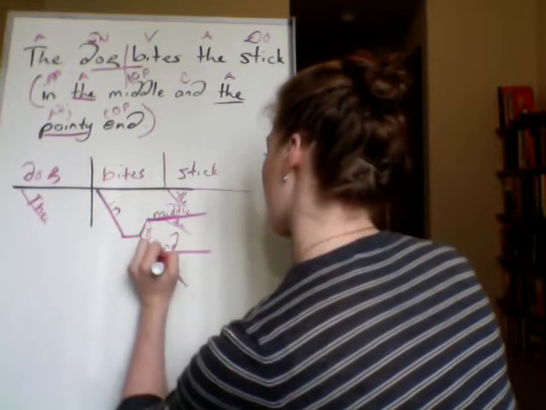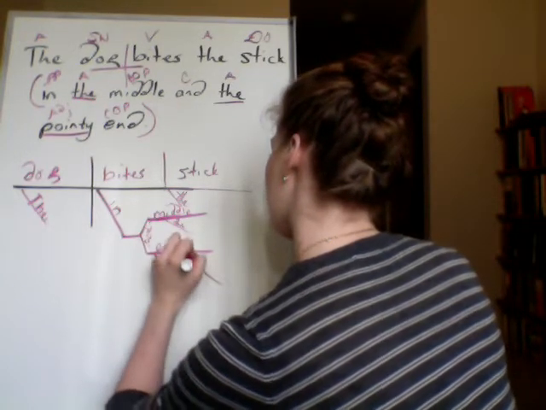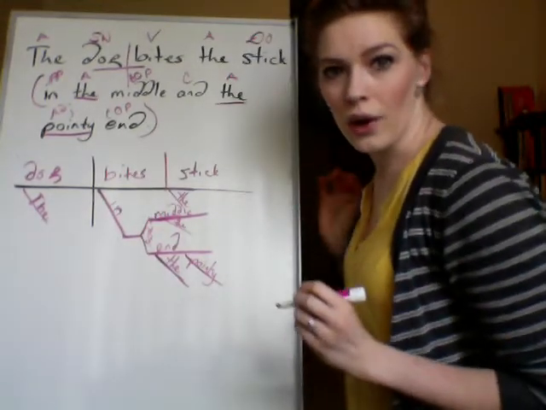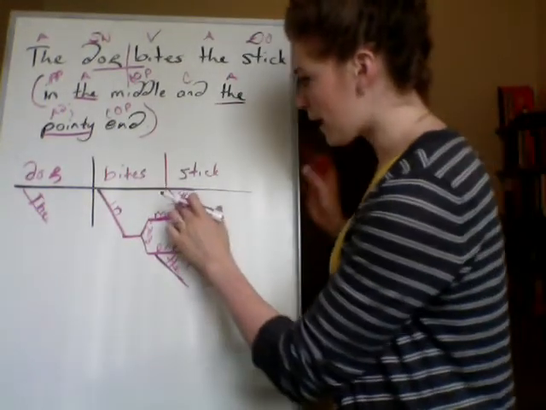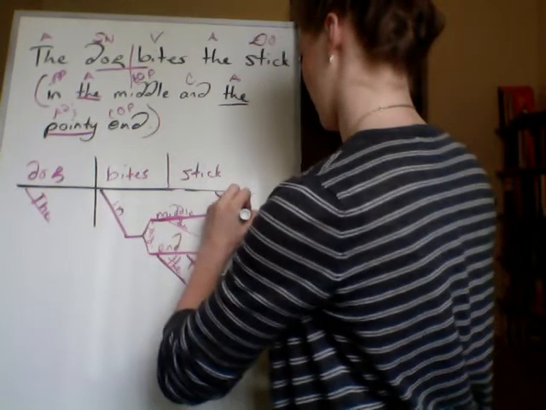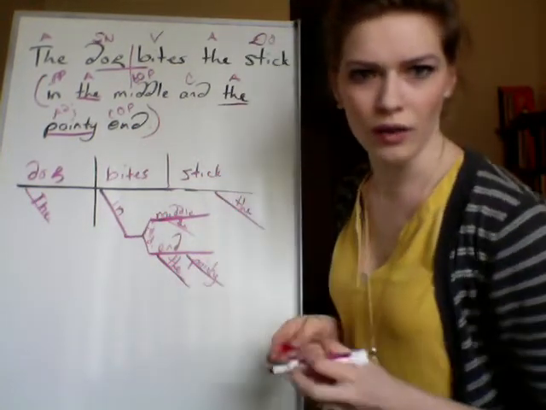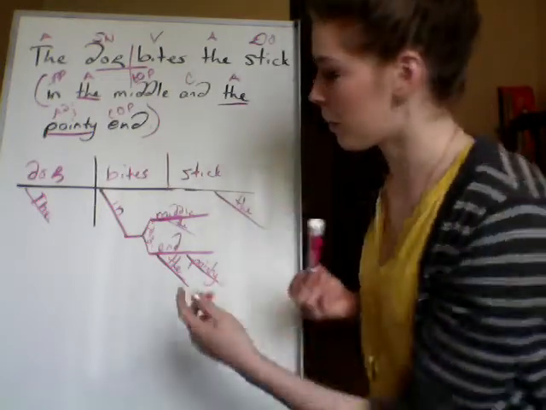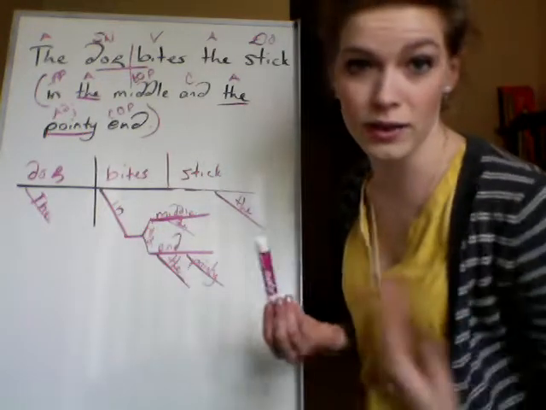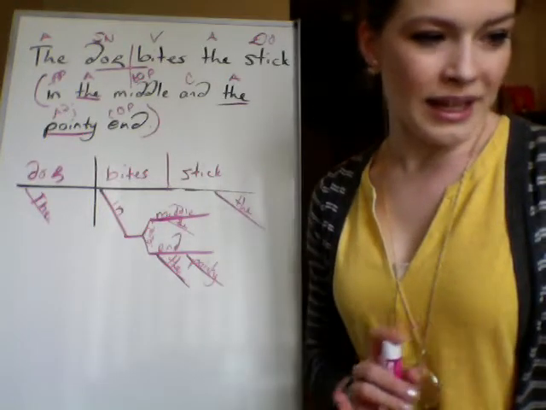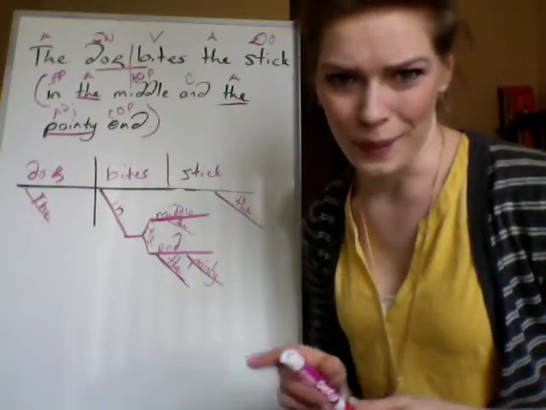We have the right here and pointy, just like that. Okay, so I'm sorry it got a little close to here. I'll move the for stick over this way. There we go. So it's not overlapping. So that's how you do a compound object of the preposition. It's literally a prepositional phrase, but then you have to split it so that you can fit both of them on there.